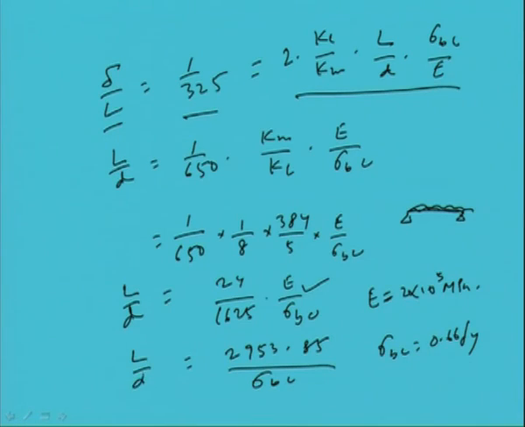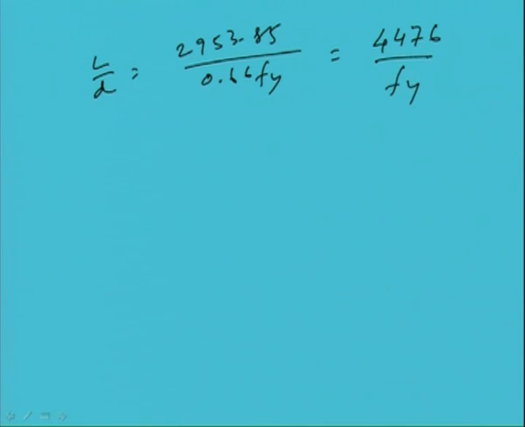So, if we put this value, L by D will become 2953.85 by 0.66 Fy, which leads to 4476 by Fy.